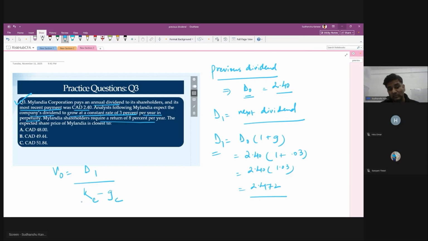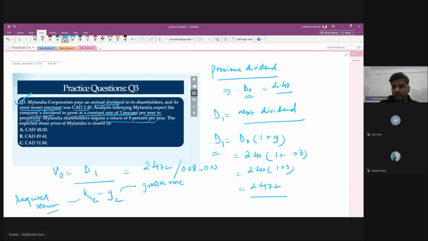Ke was the required return, and g was your growth rate. So D1 is 2.472 divided by your Ke. Ke is 8%, 0.08. g is 3%, 0.03, right?